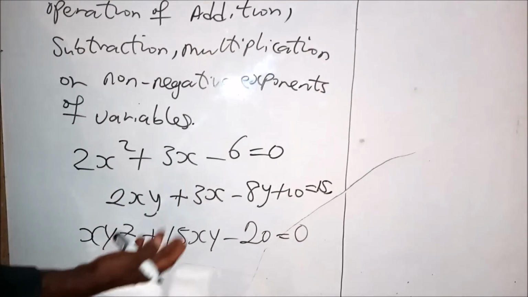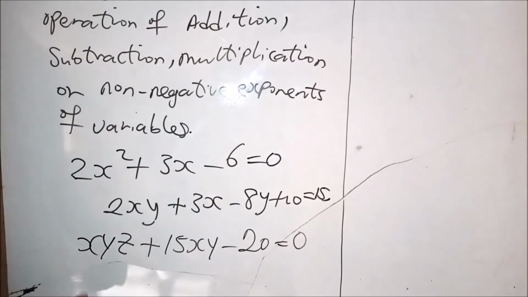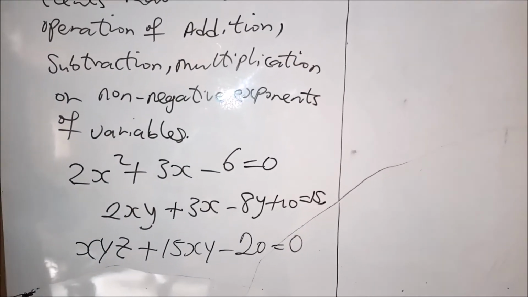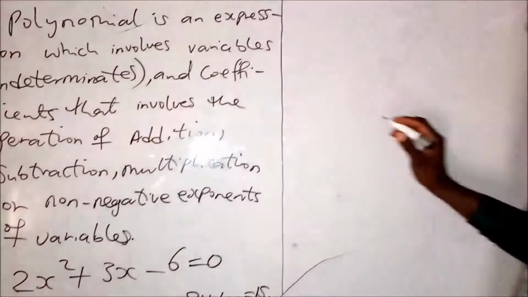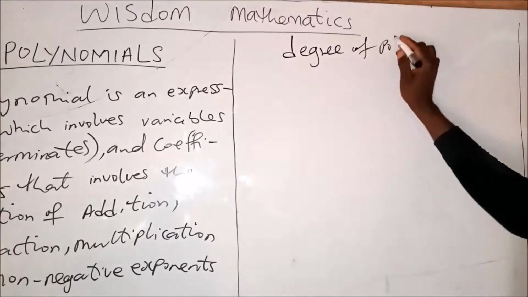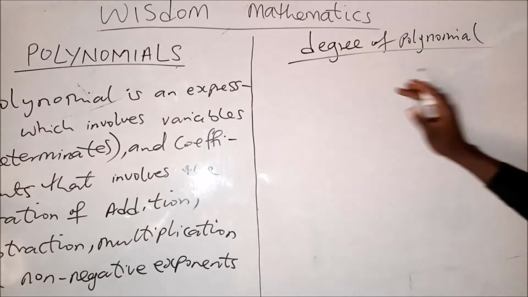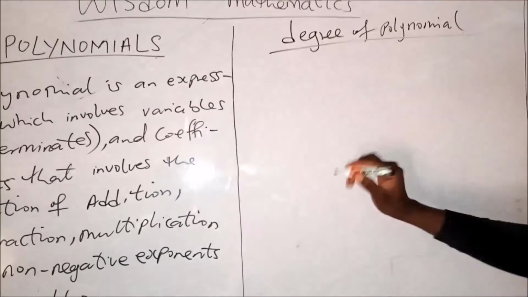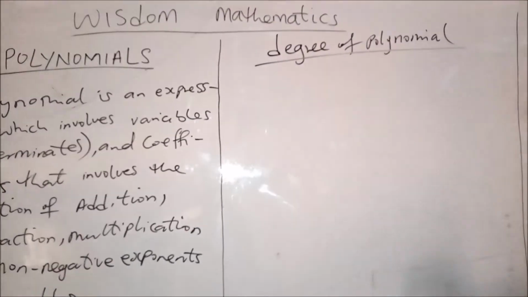It can come in different forms depending on the number of variables that are involved in the polynomial. Now, there is what we call degree of polynomial. This degree of polynomial is the highest power of variable in that polynomial.